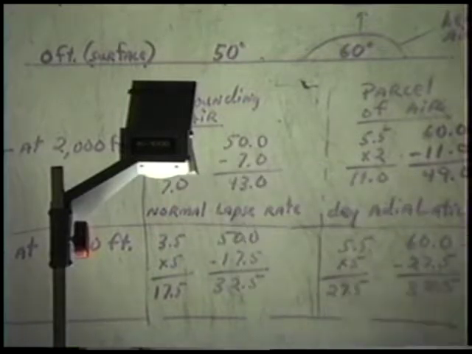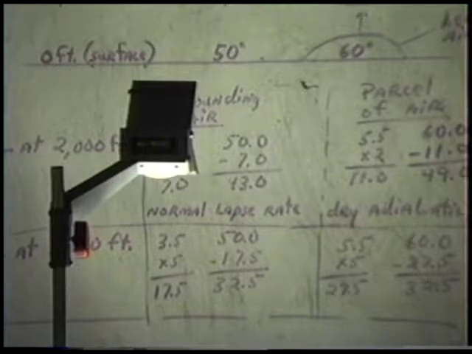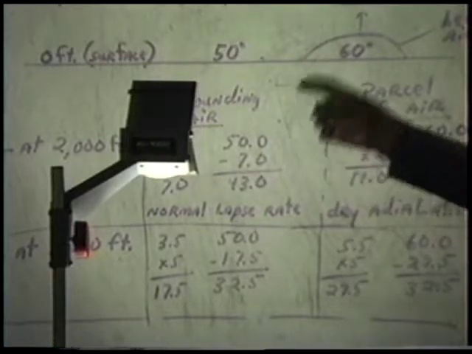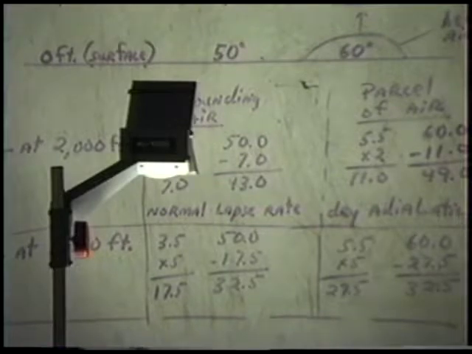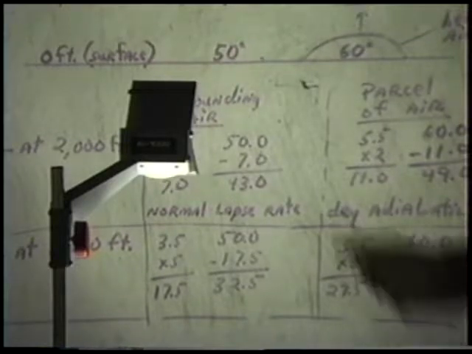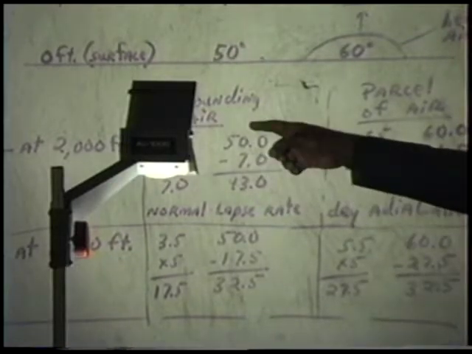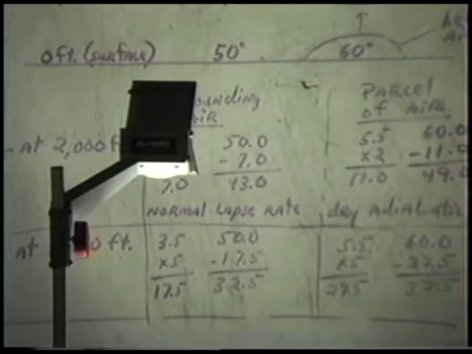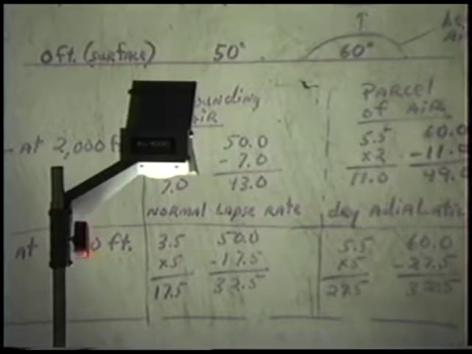And 7 indicates that the temperature of the air will be 7 degrees cooler at 2,000 feet than at the surface. In other words, the air will be 7 degrees cooler than 50 degrees, which is the temperature of the surrounding air at the surface. So we subtract 7 from 50, it gives us 43. So the temperature of the surrounding air at 2,000 feet is 43 degrees.